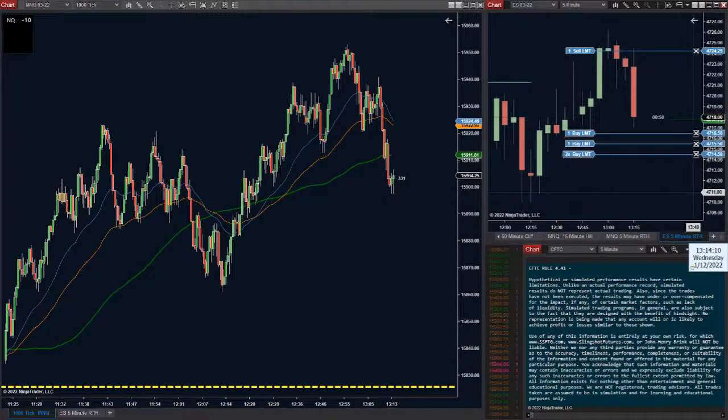50 seconds left on the candle. Man. I'm starting to feel like I might have missed the bounce by 2 ticks.